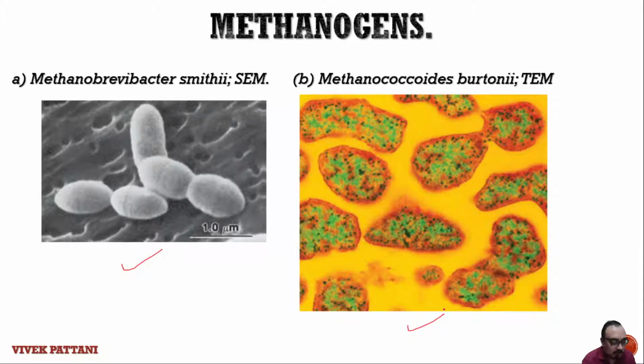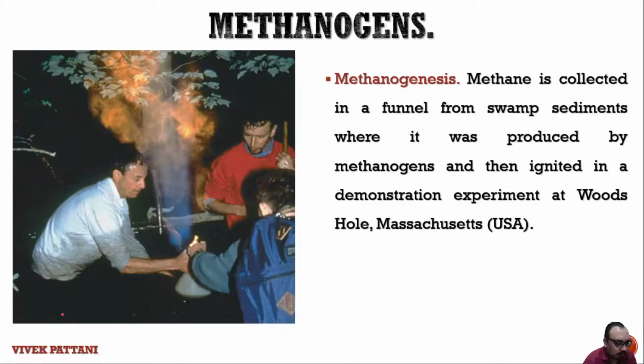Whatever study has been done is because of metagenomics. Some of the methanogenic bacteria are classified into Methanobacterium, Methanococcus, and Methanosarcina, and one of them is spiral, Methanospirillum.